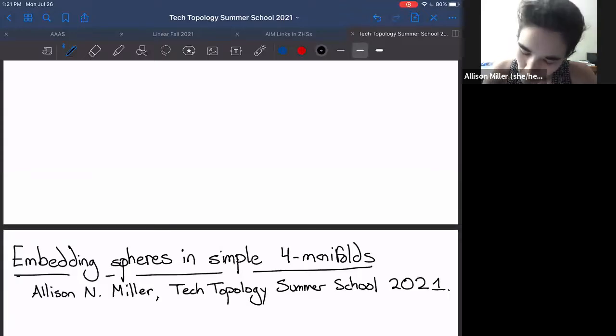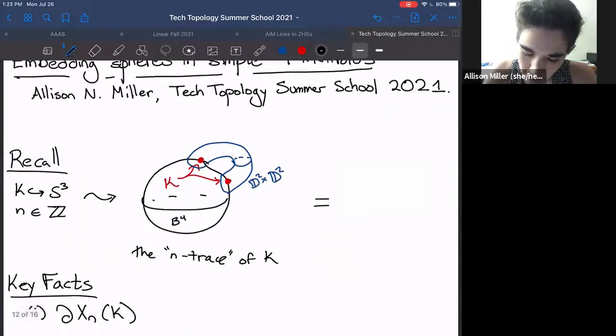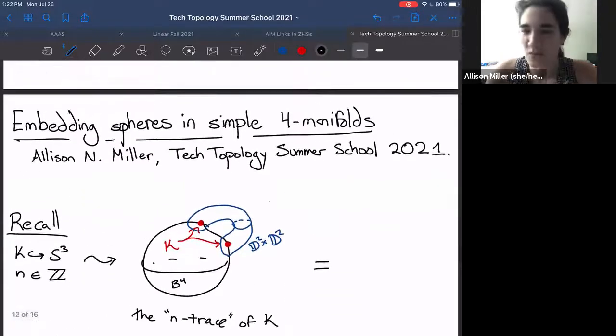Okay. So I want to start by reminding you of something that appeared in at least one, if not more, of the mini courses, which is this simple four manifold that we can associate to any knot in S3 and any integer n. And I'm going to call it the n trace of the knot. What we do is we take the four ball with boundary S3, we find our knot sitting in the boundary, and we attach a two handle, a thickened disk, to the four ball along that knot with framing n.